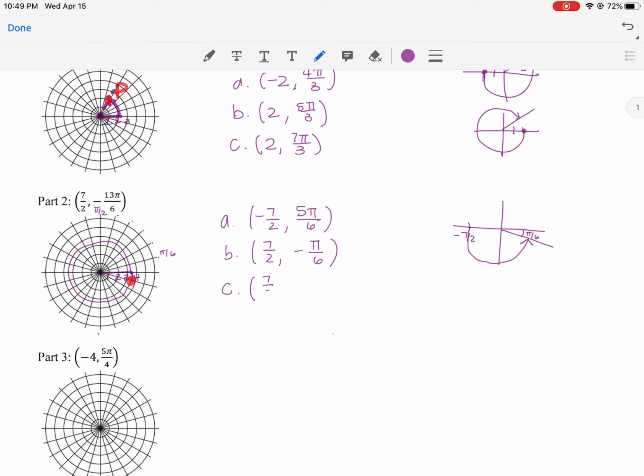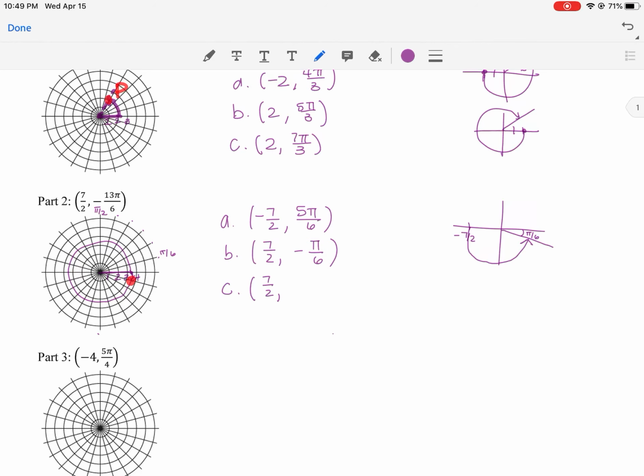Okay, I could do 7/2, and if I wanted a positive angle, think about taking negative pi 6, and I want something above 2 pi, but also positive.